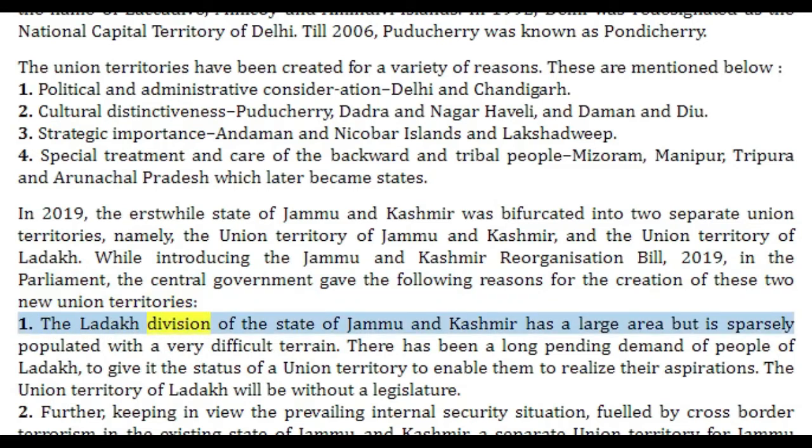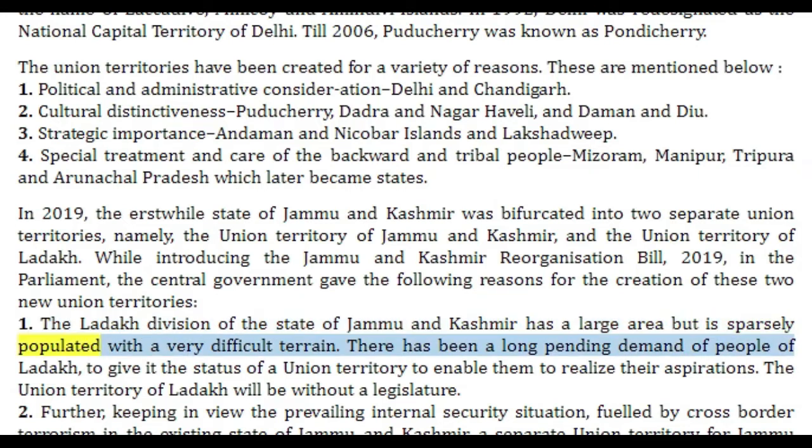The Ladakh division of the state of Jammu and Kashmir has a large area but is sparsely populated with a very difficult terrain. There has been a long pending demand of people of Ladakh to give it the status of a union territory to enable them to realize their aspirations. The Union Territory of Ladakh will be without a legislature.